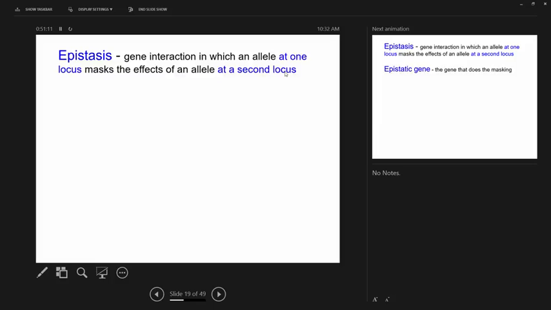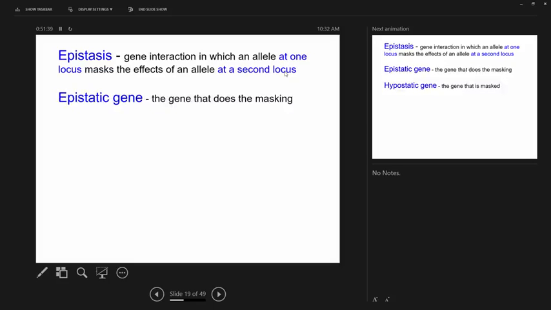All right, so epistasis is a gene interaction event. Both genes are involved in specifying the same character, in this case coat color. When epistasis is at play, an allele at one locus, or one gene, masks the effects of an allele at a second locus. So here comes your terminology.